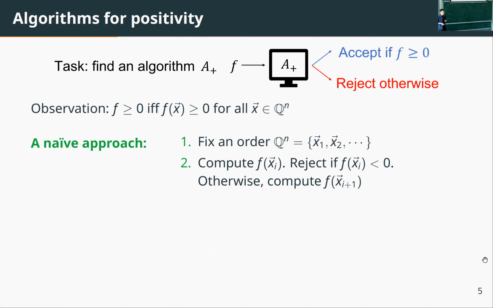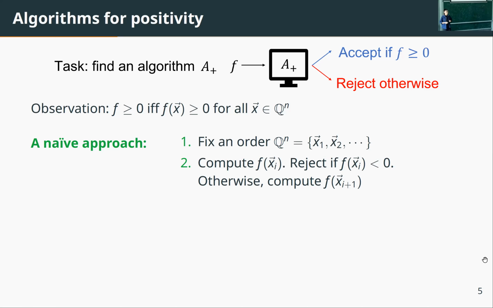I have a naive approach. The first observation is, if you view a polynomial as a function on Euclidean space, it is a continuous function. And the set of rational numbers is a dense subset of the real numbers. So although the definition requires a positive polynomial to be non-negative on all reals, you can just verify on the rationals, right?